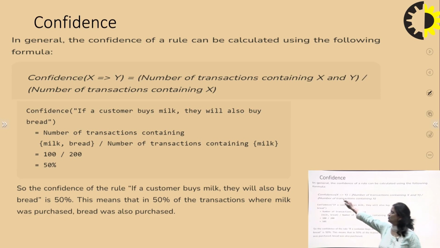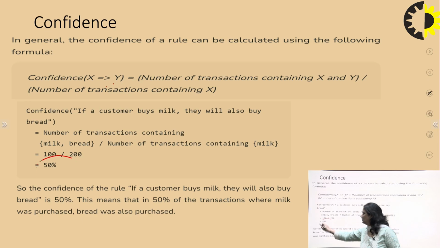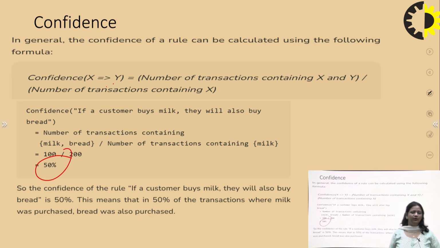Confidence of X → Y is equal to the number of transactions containing X and Y divided by the number of transactions containing X, or the support of X union Y divided by the support of X. Take the rule: if a customer buys milk, they will also buy bread. If the number of transactions containing milk and bread is 100 and the number of transactions containing milk is 200, then the value of confidence is 50%.